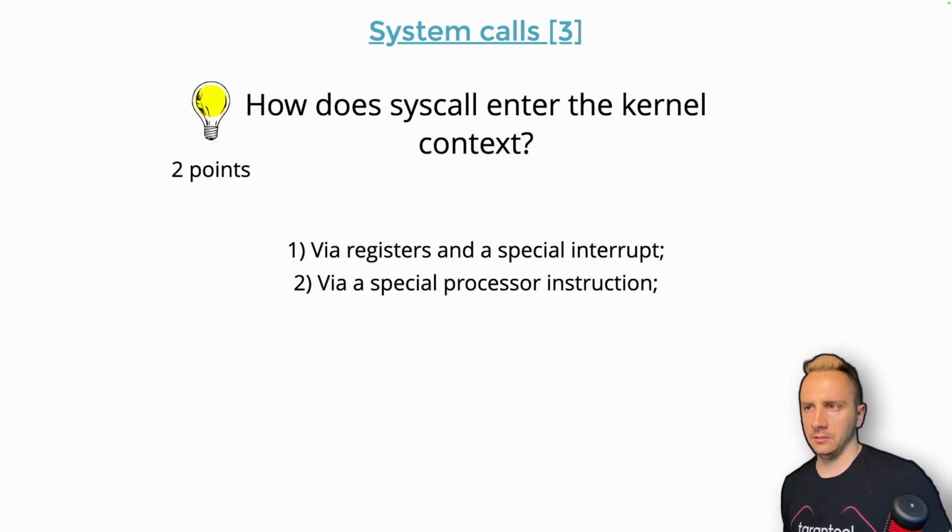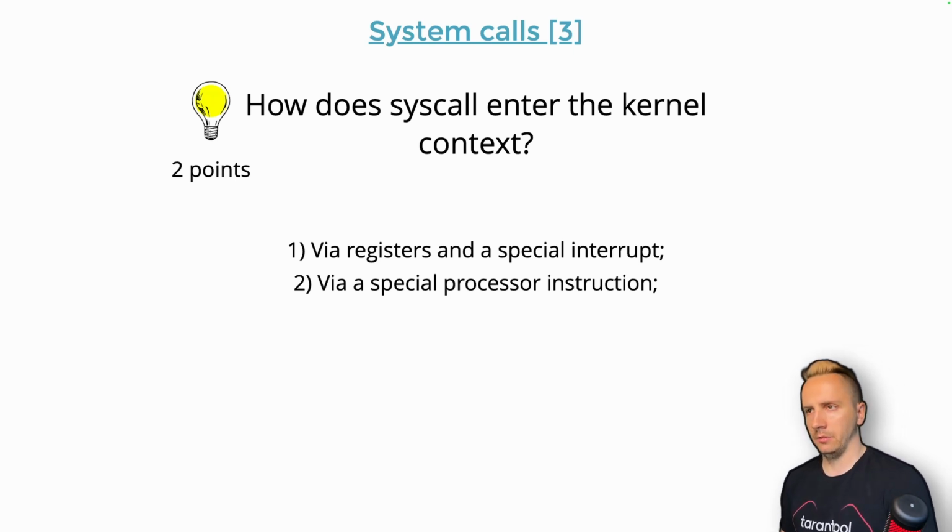And the specific system call we could, for example, identify as a number placed in a register. The register in the CPU, we could just save the system call number in that register, trigger an interrupt, and the kernel would know that this specific interrupt means system call. It would take the number from the register and execute the code that we wanted.